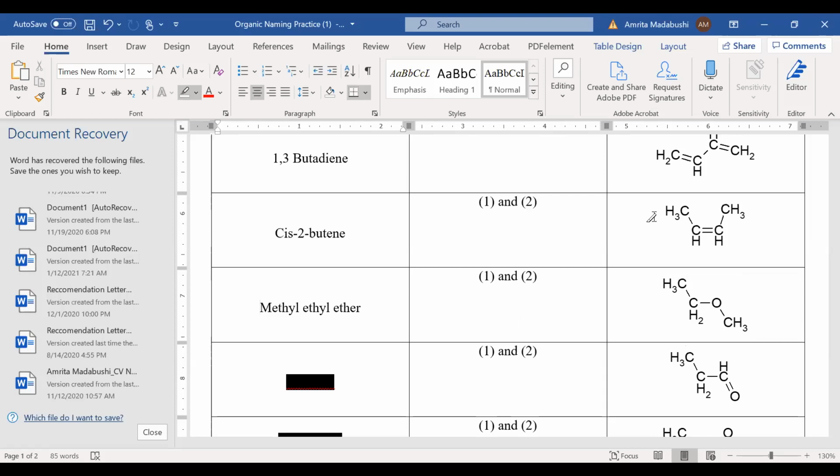It's a great point, but this is actually like this, and this is like this. So the methyl is referring to the one on the right side. Right, exactly. The smaller one comes first, the larger number of carbons come later, and then comes the word ether.